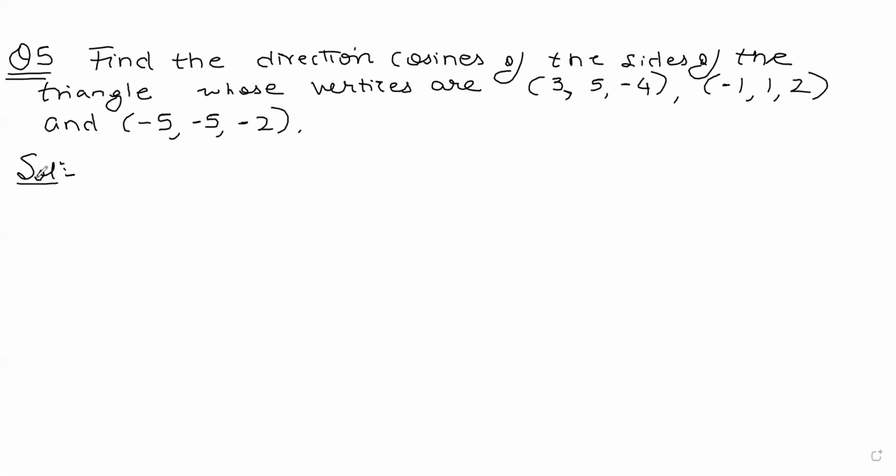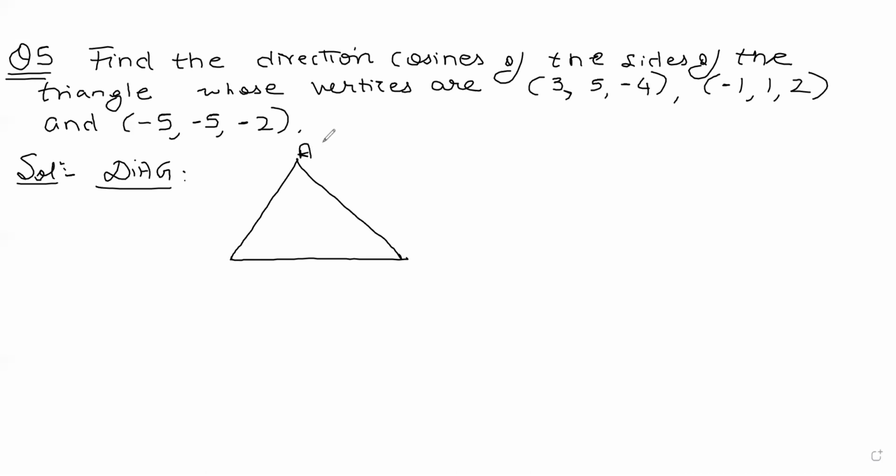Okay, so we need to find the direction cosines of the sides of the triangle whose vertices are given by these 3 coordinates. So I can make a figure first. Let me make a figure for this. This is actually a triangle, guys. If I actually take these 3 points in the space, it becomes a triangle.